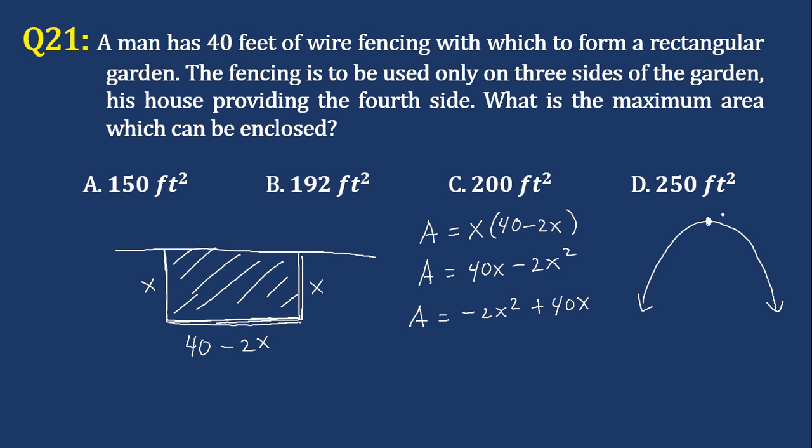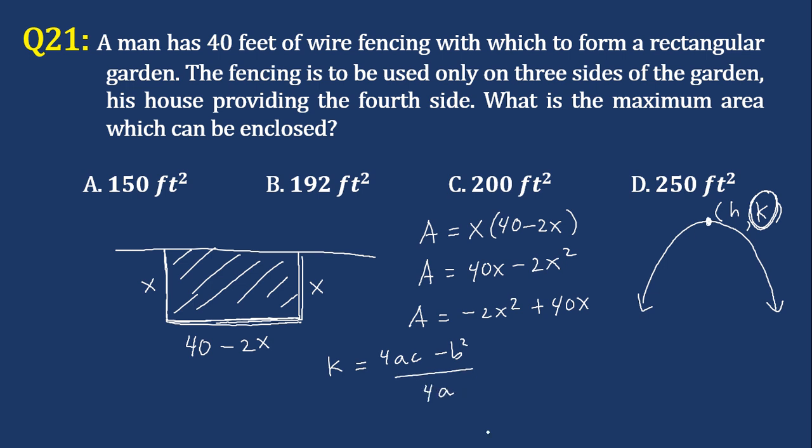This one is the vertex, right? And the vertex has coordinates (h, k). The k here is the maximum area of the garden. So how do we get k? There is a popular formula for k. If you can still remember, the formula for k is (4ac minus b squared) over 4a.